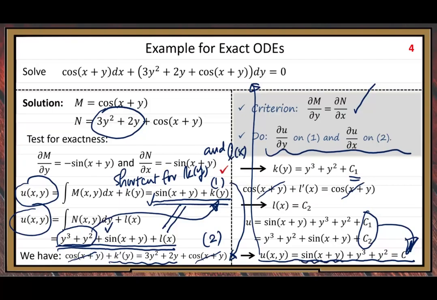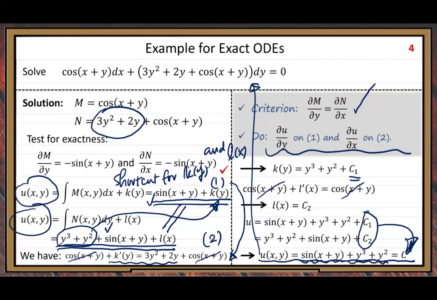We just write the sine function once, so we don't duplicate. That's the common terms. First, let's copy the common terms. Then, second, all the variable terms that appear in one of the expressions, we should copy.